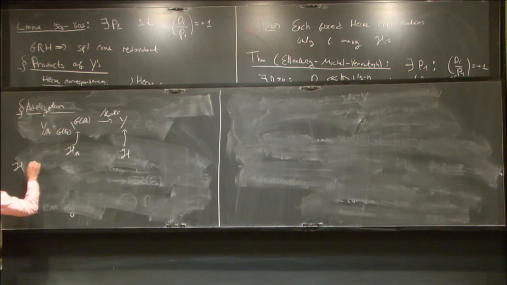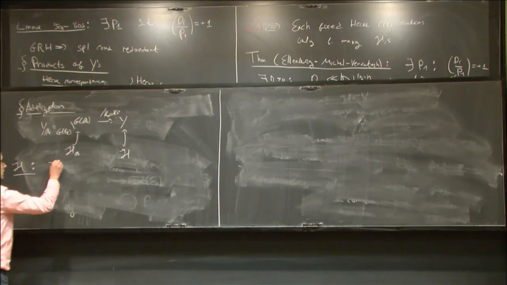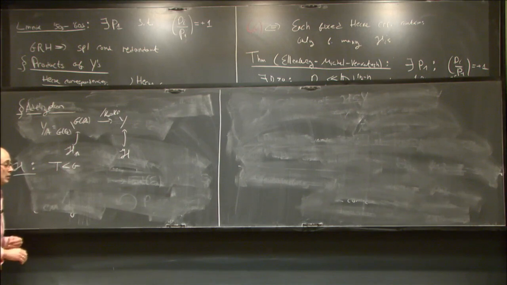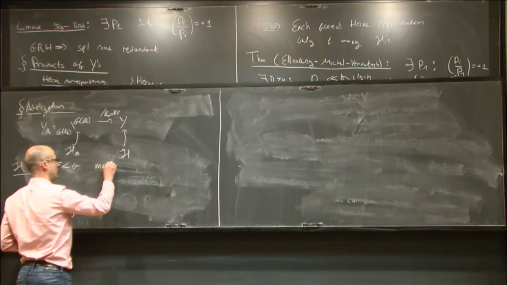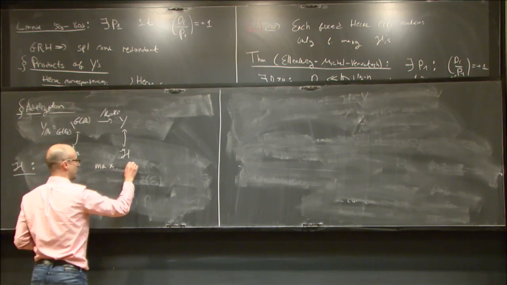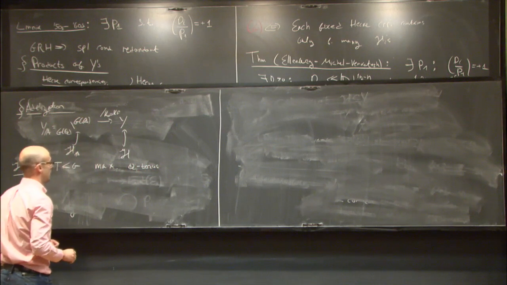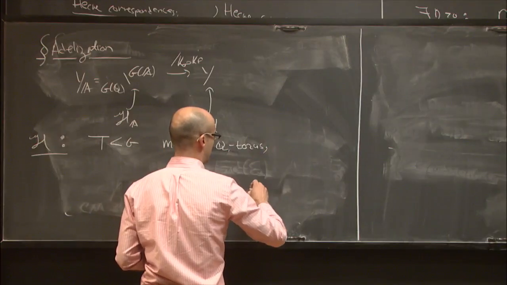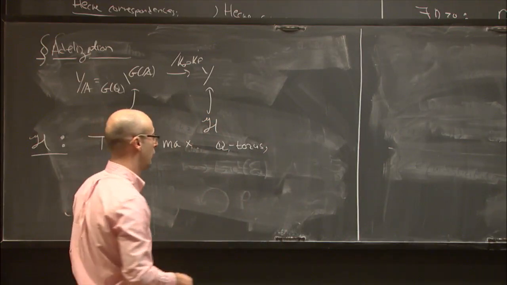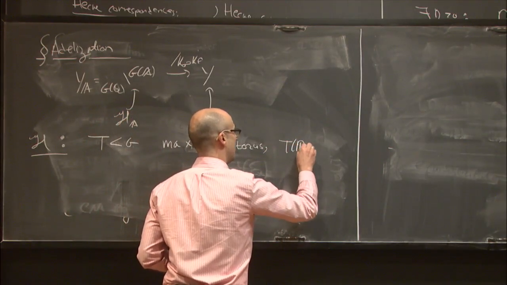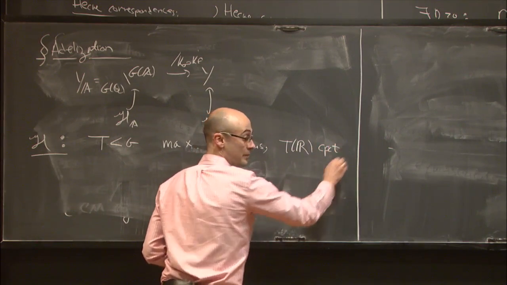Each fixed packet will give you some pieces of data which you can extract from it. You get a torus in G, a maximal Q torus, which I require to be anisotropic over R, or in other words, that T_R is compact.